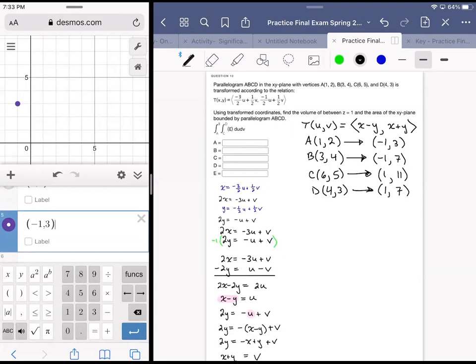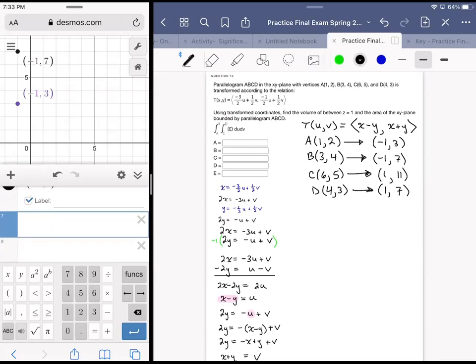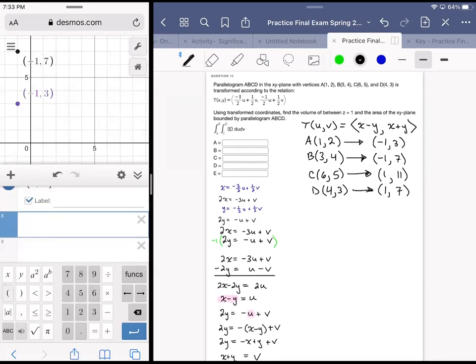I'm just checking, sorry, just had a brain cramp there for a second. -1, 7. -1, 11. And 1, 7.